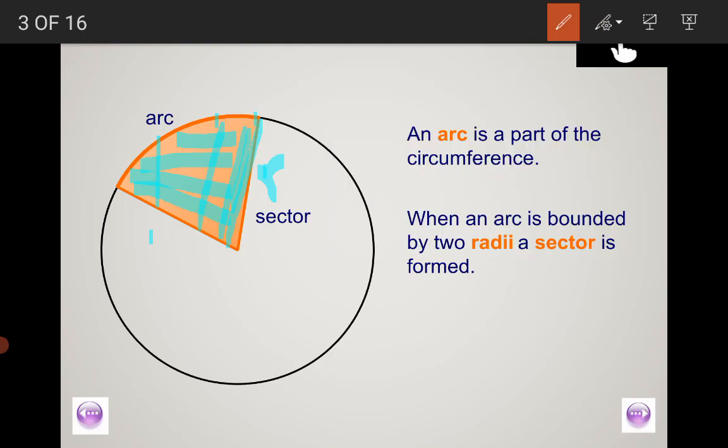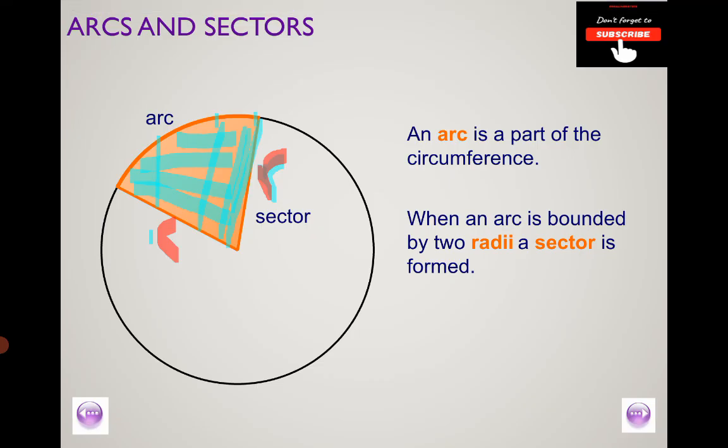And then we have an arc. So the two radii and the arc together, this region is known as a sector.